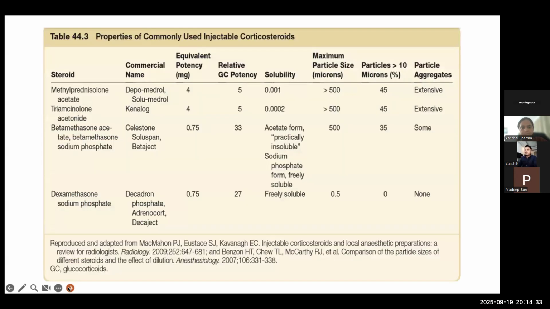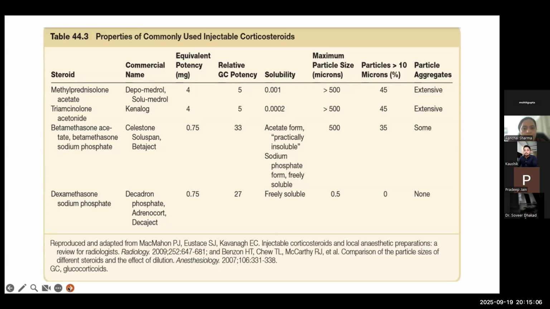So the next slide depicts the properties of the commonly used injectable steroids, where we can see the equivalent potency of methylprednisolone and triamcinolone is quite high compared to betamethasone and dexamethasone. However, in terms of relative glucocorticoid potency, dexamethasone is quite high, and in terms of solubility, dexamethasone is the only one among these which is freely soluble.